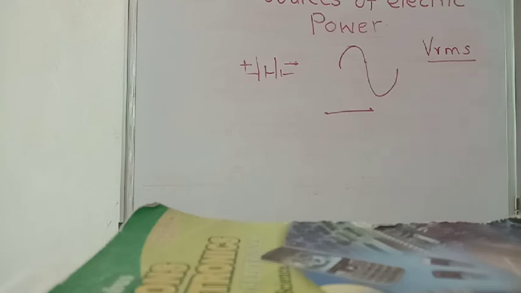So DC generators and AC generators are nearly the same. Only the DC generator rectifies the voltage generated with the help of brushes, and then we get DC voltage. The construction is the same for AC generator and DC generator.